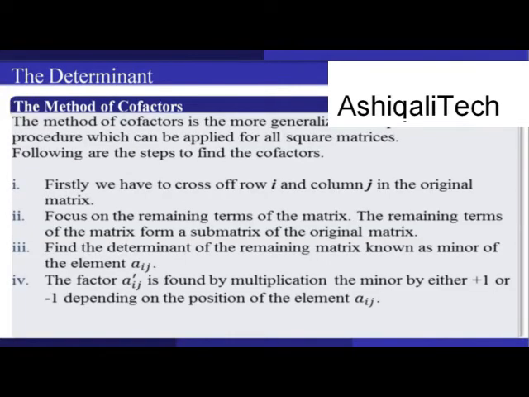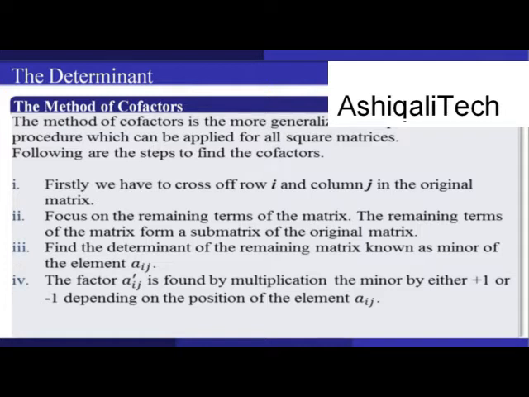The method of cofactors. The method of cofactors is the most generalized computational procedure which can be applied to all square matrices. Following are the steps to find the cofactors. Number 1, firstly we have to cross off row i and column j in the original matrix. Number 2, focus on the remaining terms of the matrix.